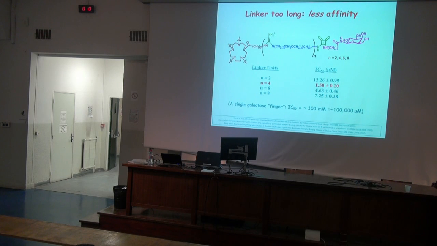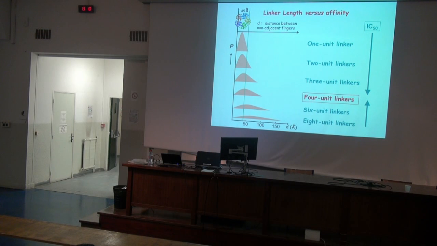What is going on? Well, this is the idea that here we have 1 linker unit, and we look at the distance between these 2 blue groups on average. This is now theoretical, a little bit hand waving, but the average we can calculate quite nicely.